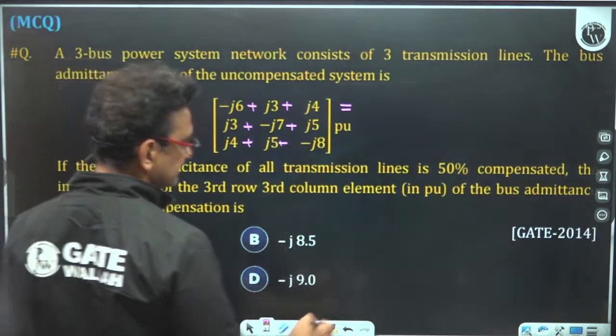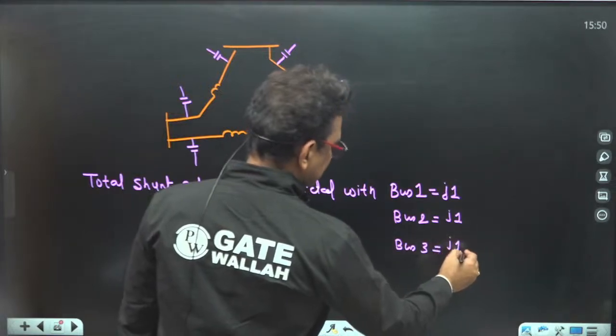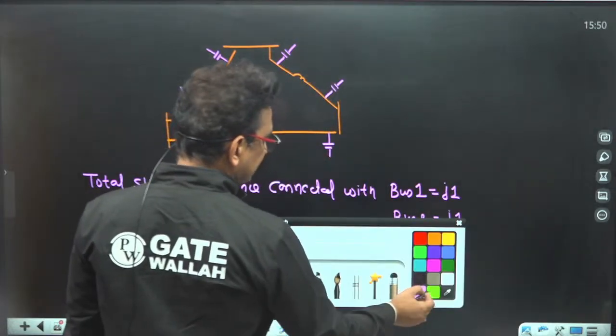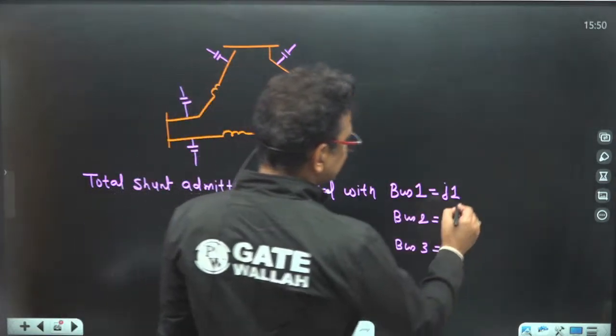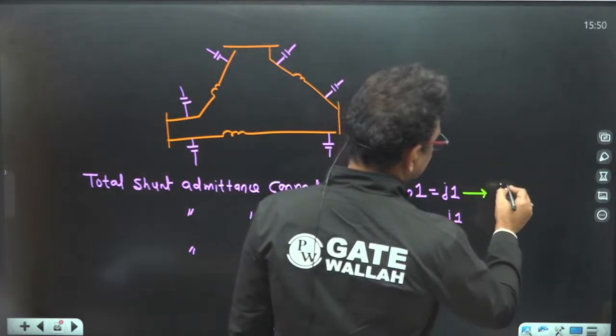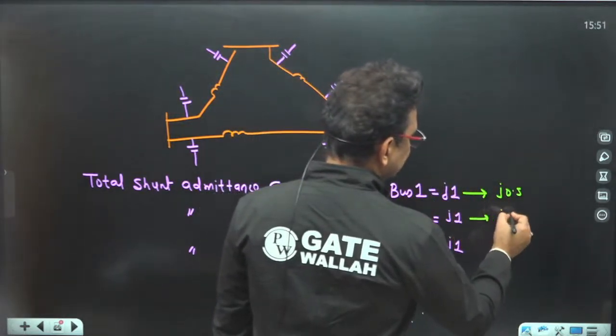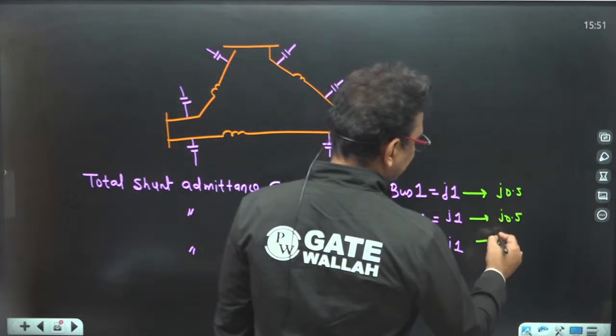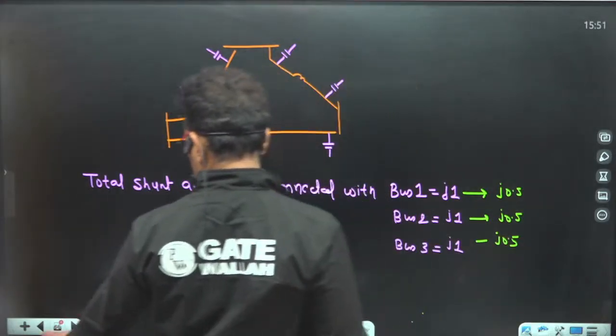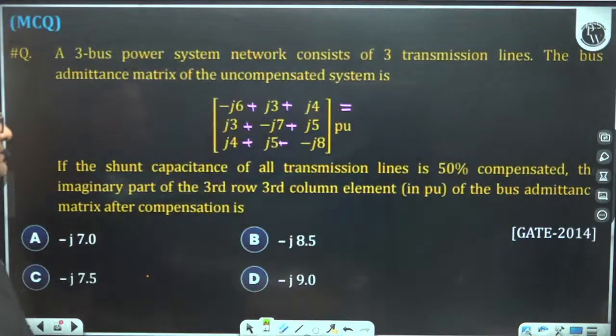Again, it is j1. So they are 50% compensated, means its value is reduced to 50%, becomes j0.5. This is the old value and this becomes the new value, j0.5, j0.5. They are 50% compensated, means its value has been reduced by 50%.